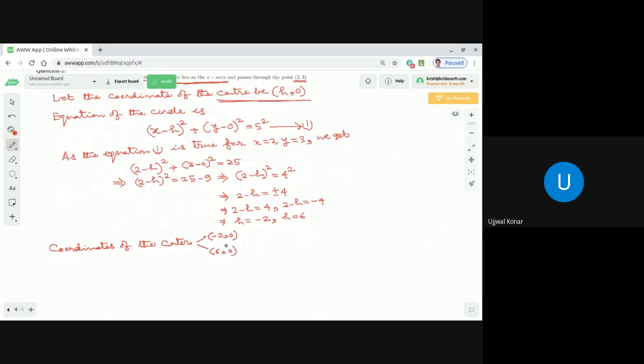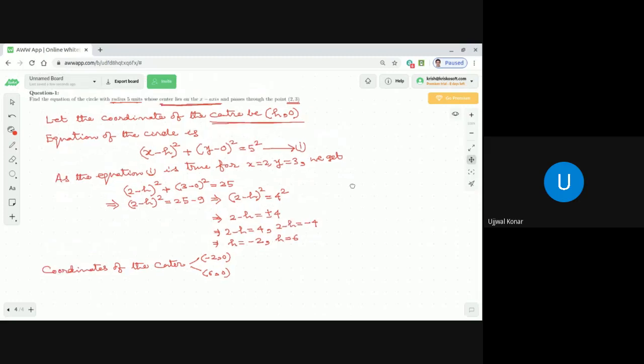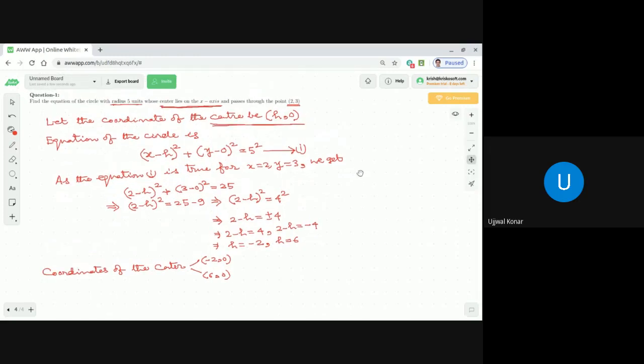And both have radius 5 units. So how is it possible? Let's visualize it, and then we will understand why three pieces of information are important to determine the equation of a circle uniquely.